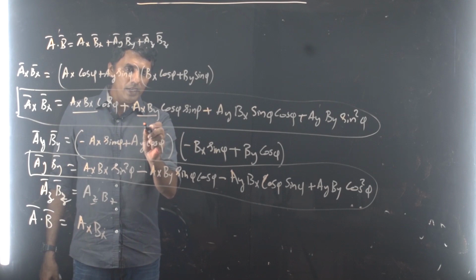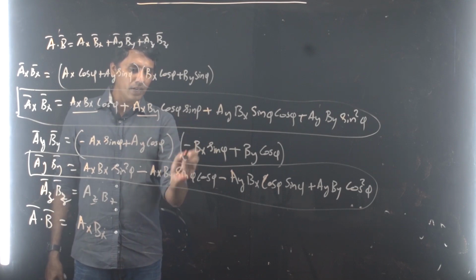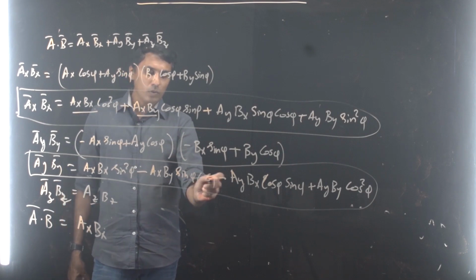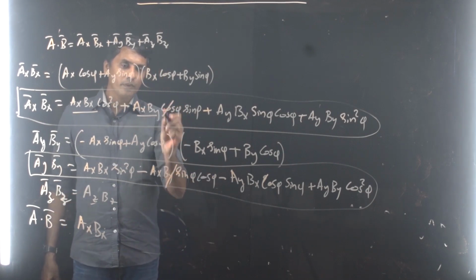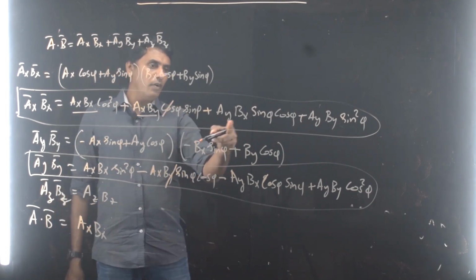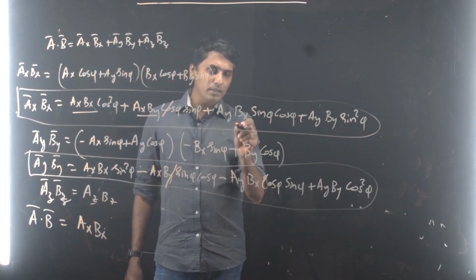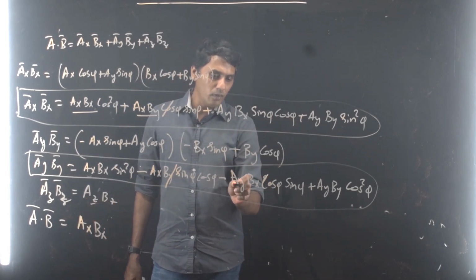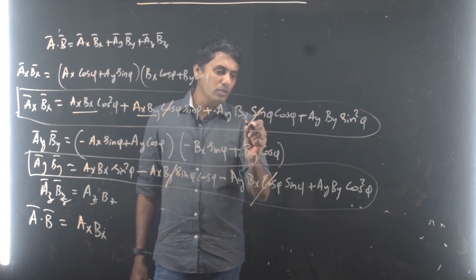And the second, you will have Ax By cos phi sin phi. Here you will have minus Ax By cos phi sin phi, so that will cancel away. Then you will have Ay Bx sin phi cos phi, and here minus Ay Bx, so this will also cancel.